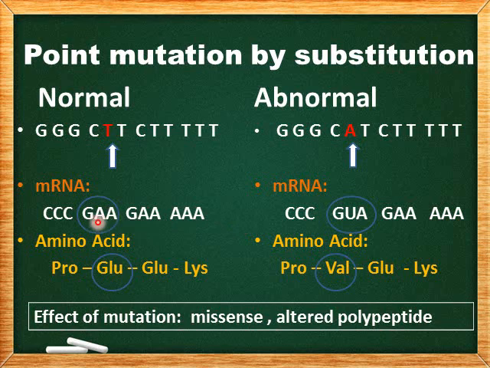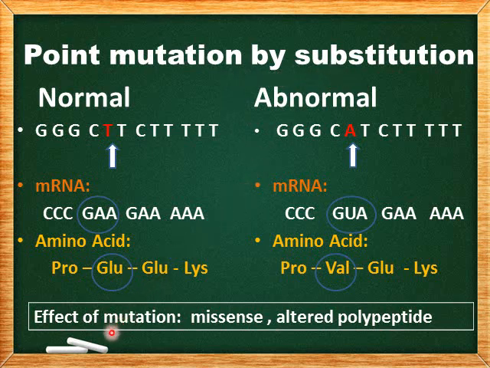So, the messenger RNA here, if you compare its nucleotides also, you will see it's exactly the same except at this nucleotide where A is replaced by U, and as a result, glu as an amino acid is substituted by val or valine as another amino acid. So it's a mutation, it's a point mutation, it's a point mutation by substitution.